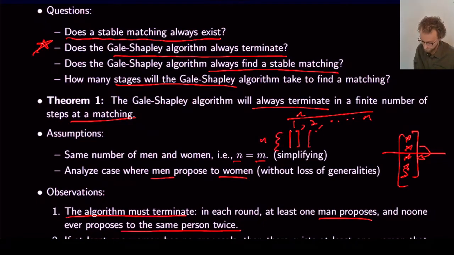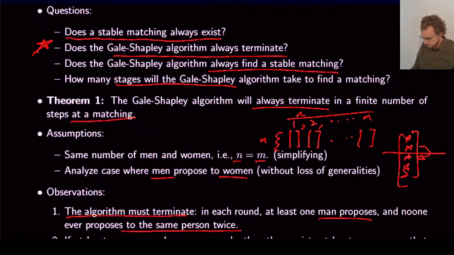The preference list of person 2 has exactly n people in it, and so on. And each one of those corresponds, in the worst case, to one round of the algorithm. So there can't possibly be more rounds of the algorithm than there are elements in the total preference lists of the men.